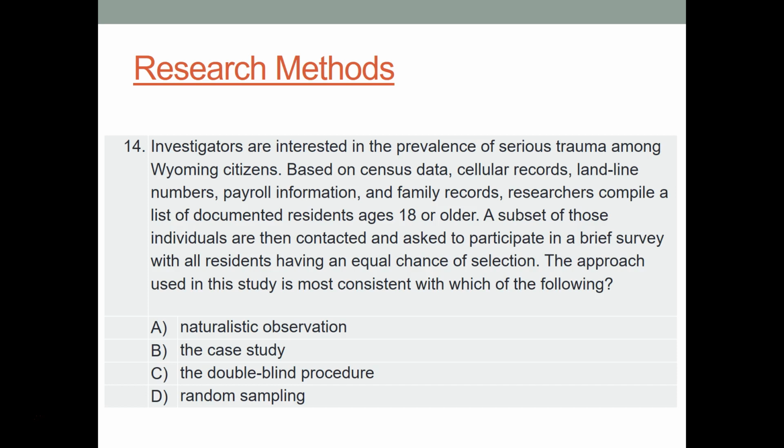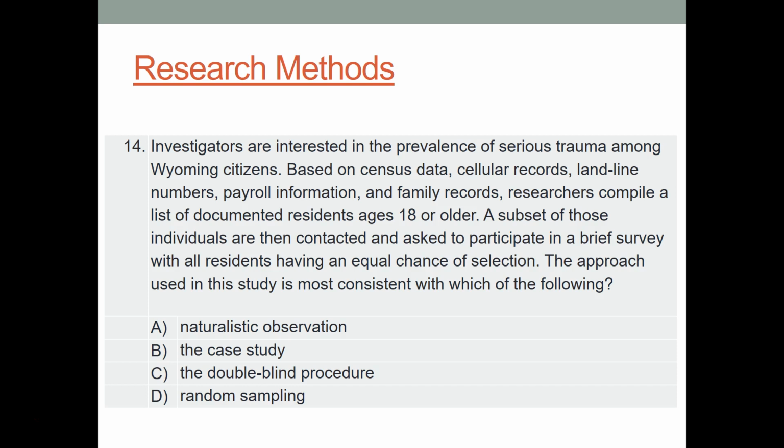Okay, this is one of these questions that'll come up where you get a pretty large scenario. Your job is to go through, take a look at the information in the question, and decide what is relevant and what's not. So in this one, we have things like Wyoming citizens, different types of data for collecting a list of documented residents.